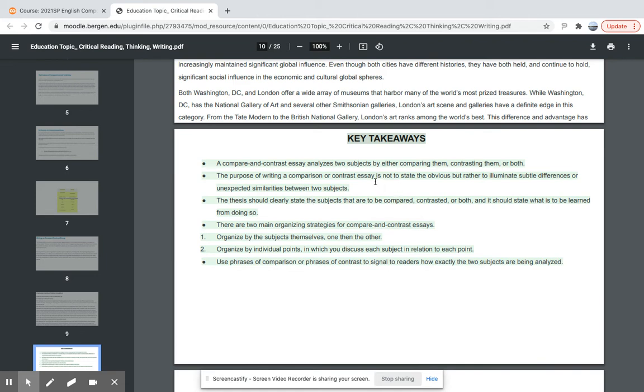The point is not to state the obvious, but to illuminate subtle differences or unexpected similarities. The thesis should clearly state what is being compared, contrasted, or both.